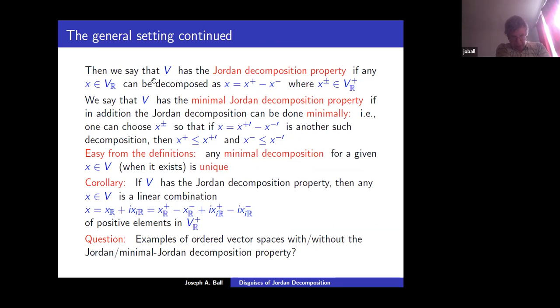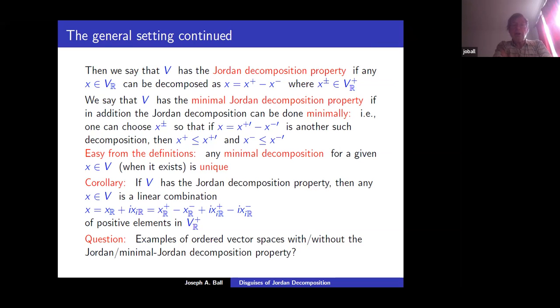And we say V has the minimal Jordan decomposition property if the Jordan decomposition can be done minimally, which means any other decomposition with primes, X plus prime, X minus prime, has the property that X plus prime has to be bigger than or equal to X plus, and X minus prime has to be bigger than or equal to X minus. And then it's easy from the definitions that any such minimal decomposition is unique.